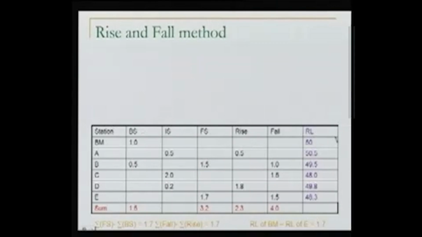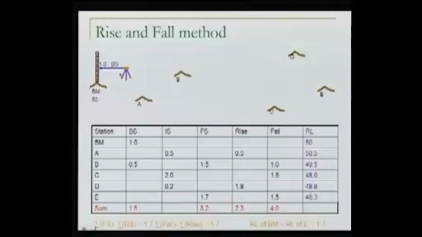Our terrain is the same terrain which we just did, and for that terrain we want to determine the RLs of A, B, C, D, E using the rise and fall method. The procedure is the same. The job which we are doing in the field is not a different one. It's the same job. The only difference is how we are recording it.